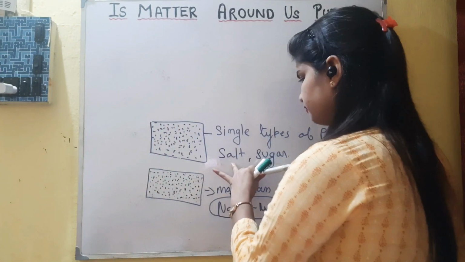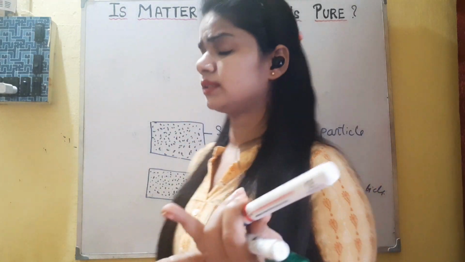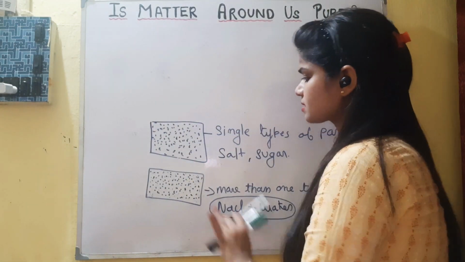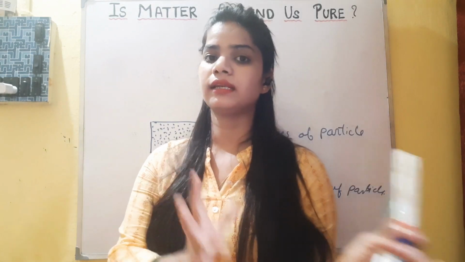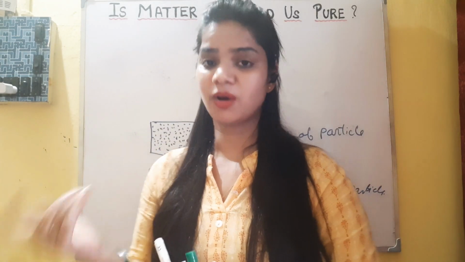But if there were only salt or sugar, then this would be called pure. But this is not pure, meaning more than one particle present in any substance is not pure. Like that, alloy.